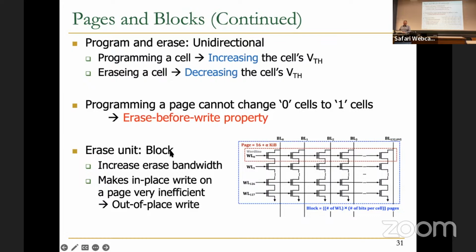And as I said, the erase unit is the block, in order to increase erase bandwidth, and that makes in-place write on a page very inefficient. Assuming that you want to do an in-place update, there are some pages in that block, and you want to update one page. First, you need to erase that page in order to write to it.